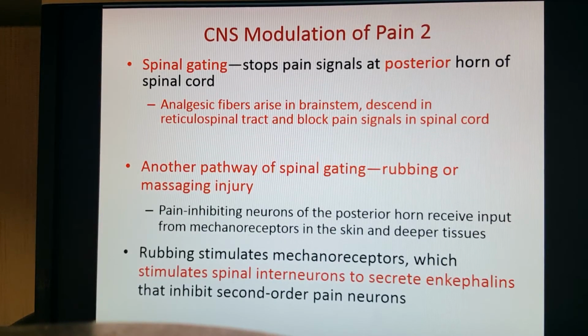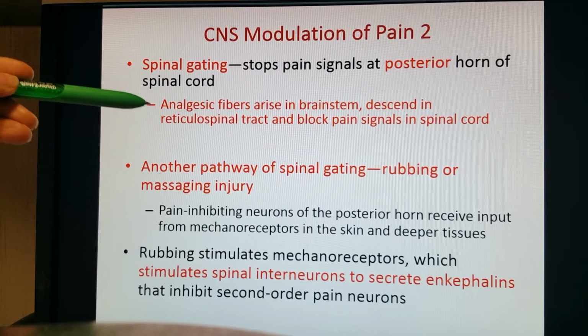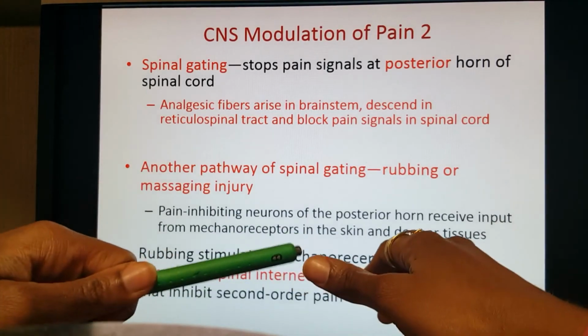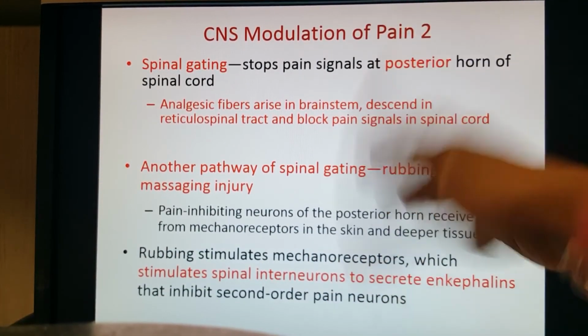Another way to activate spinal gating, so instead of these analgesic fibers stopping the pain signal, you can also rub or massage the injury. So again, working out, you will tend to massage that area to help make yourself feel better, but really you're activating your spinal gating in order to get rid of that pain signal. Another thing happens, for example, when you hit your finger with a hammer and you start shaking your hand.